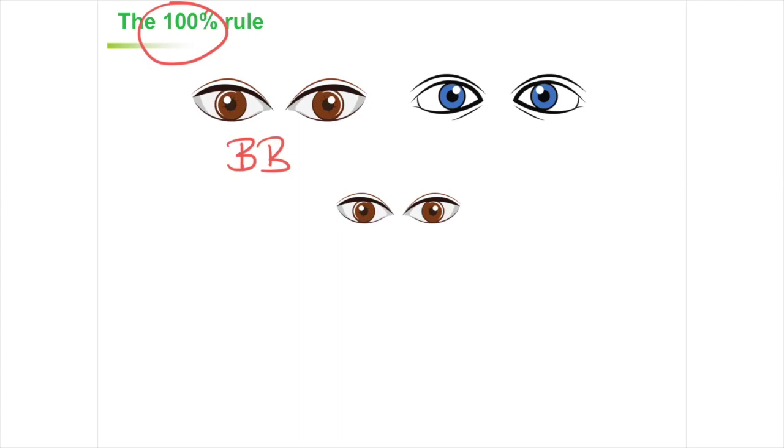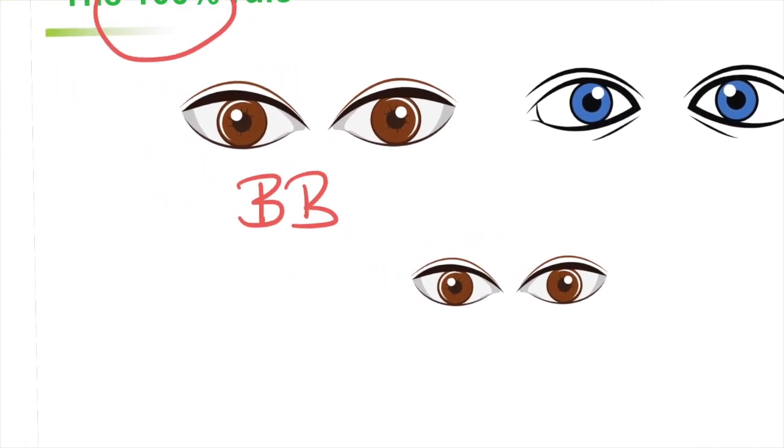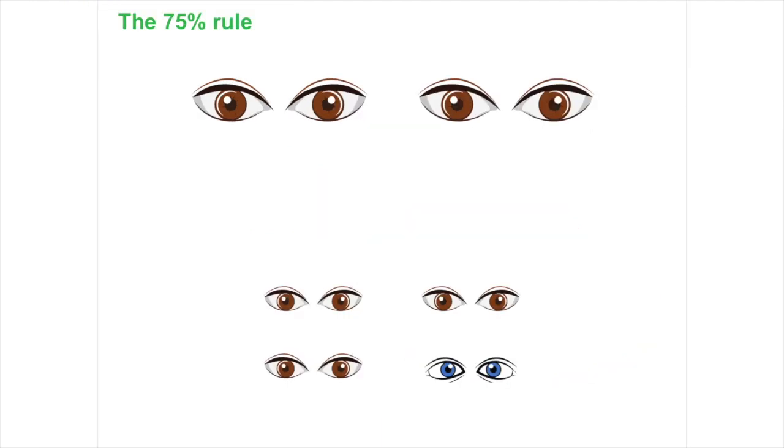There's no way, if one parent was B capital, for the offspring to have any different phenotype, because any one of the offspring has to have at least one B capital that he has received from his dominant parent. The other rule is the 75% rule.